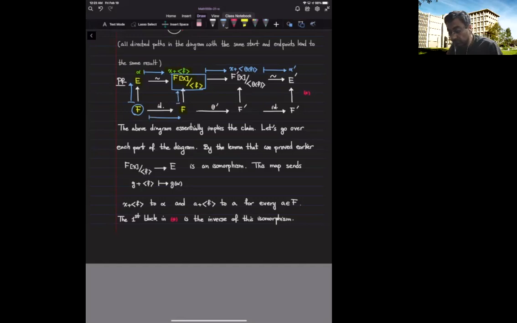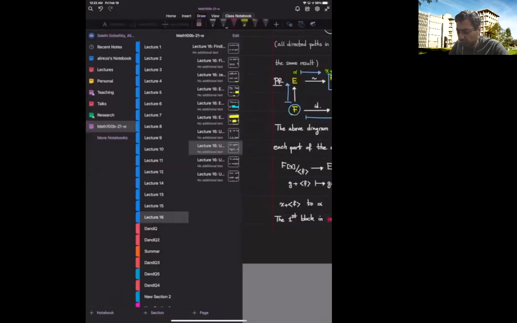Okay, so that explains the first block. Now, how about the second block? Let's try to understand the second block better, and then we'll go to the third block.